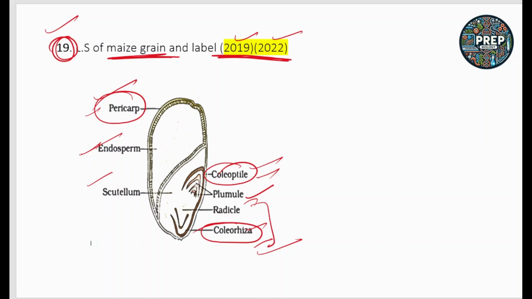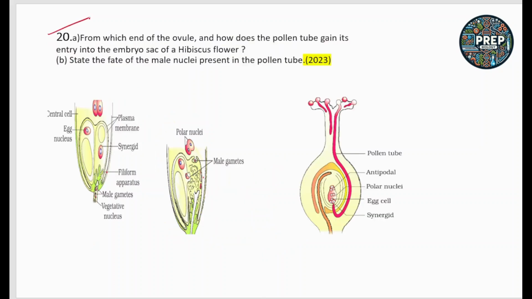So revise it carefully. The last question of this lecture was asked in 2023: from which end of the ovule does the pollen tube enter the embryo sac of the hibiscus plant? Hibiscus is an angiosperm. The entry structure is important, which we have discussed.